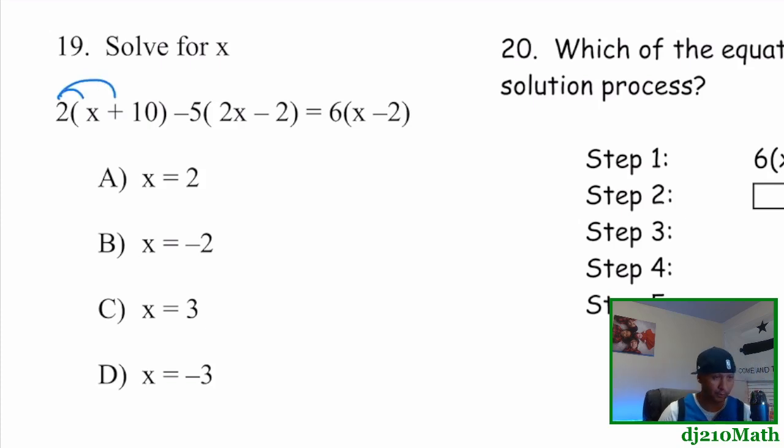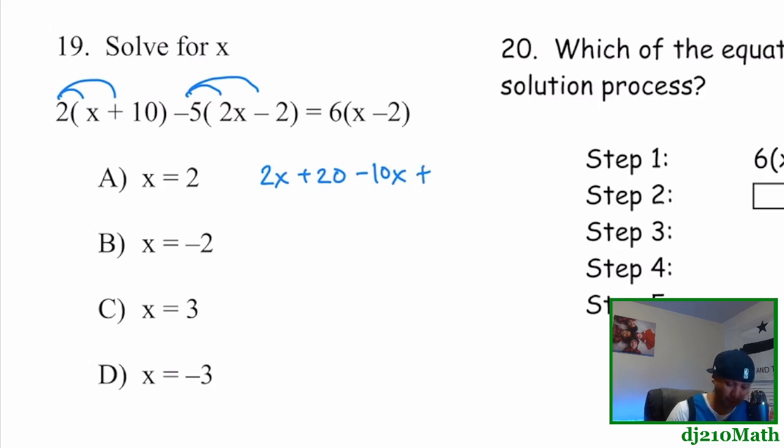But let's just stick to what we've been doing, right? Let's distribute the 2. So 2x plus 10 times 2 is 20. Distribute the -5. So -5 times 2x is -10x. -5 times -2. Negative times negative is a positive. So plus 5 times 2, which is 10, is equal to, okay, so we have a third one.